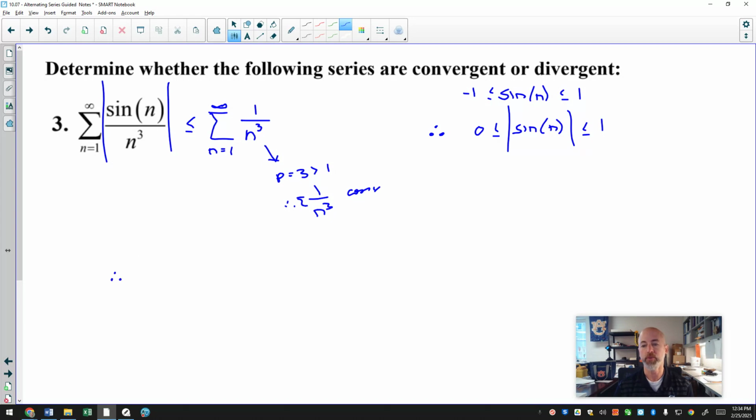Therefore, the original series will also converge by direct comparison. So the series sine n over n cubed converges by direct comparison to 1 over n cubed. So we bypassed the alternating series test on that one.